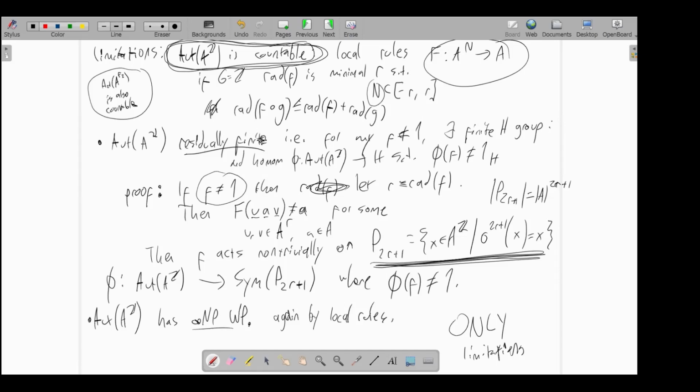And then we know that this is residually finite. Unfortunately, this guy is also residually finite. The thing is that if G is residually finite, then the automorphism group of A^G is residually finite. That's a general fact, actually very easy to prove.